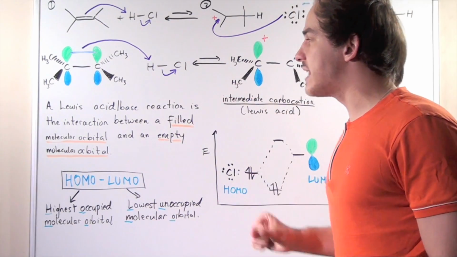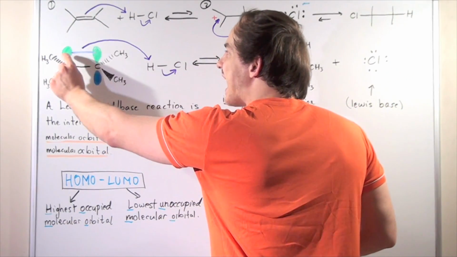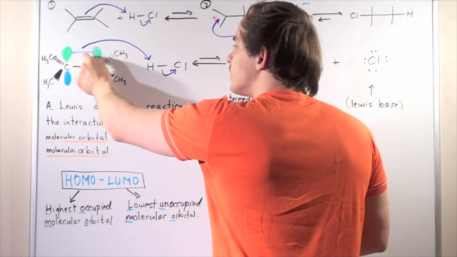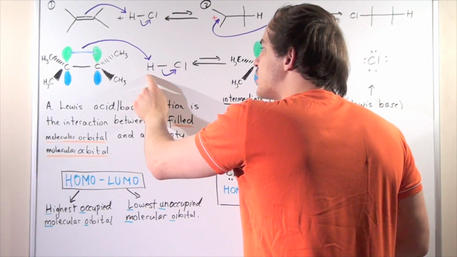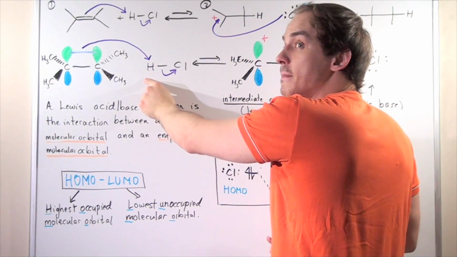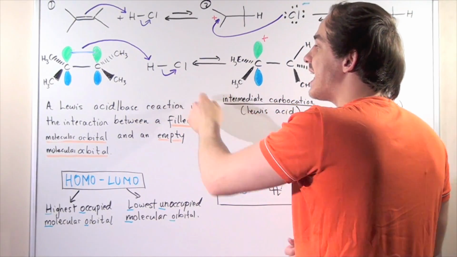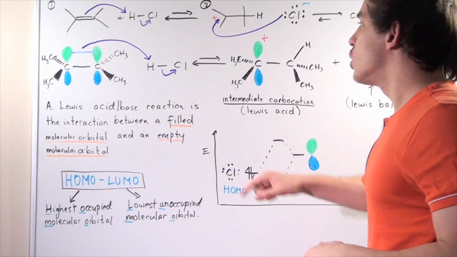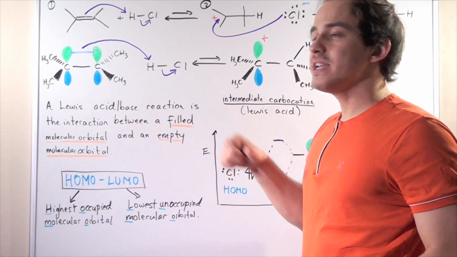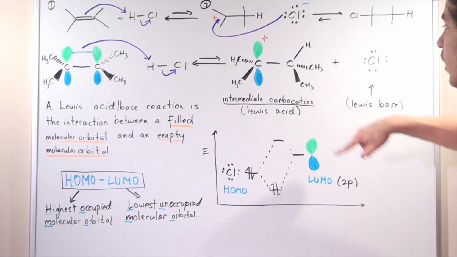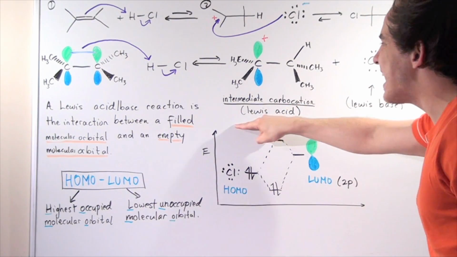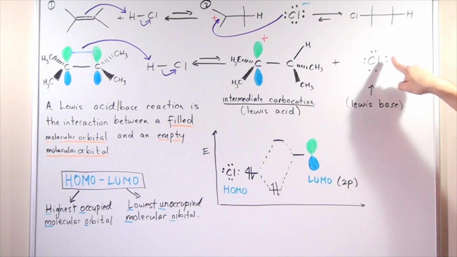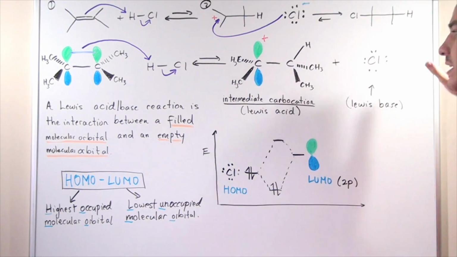So in the first step, this pi bond acted as a Lewis base donating this pair of electrons, and the H atom on this hydrochloric acid acted as a Lewis acid, donating that empty 1s orbital. And likewise here, this is the Lewis acid because it has an empty 2p orbital, and this is the Lewis base because it has a pair of non-bonding electrons.